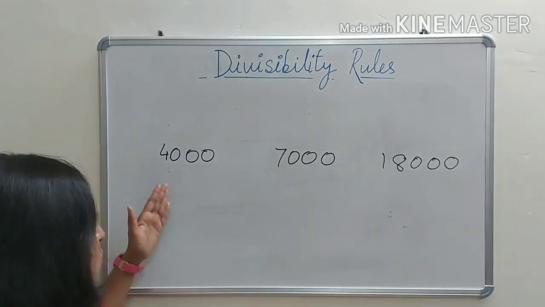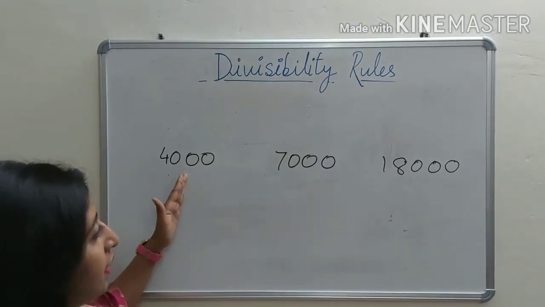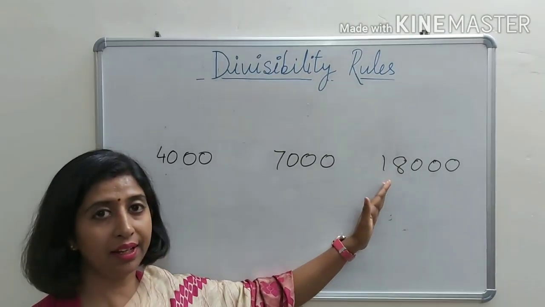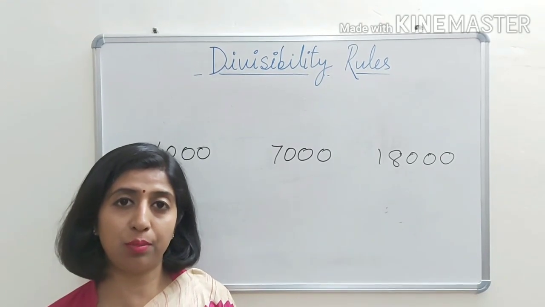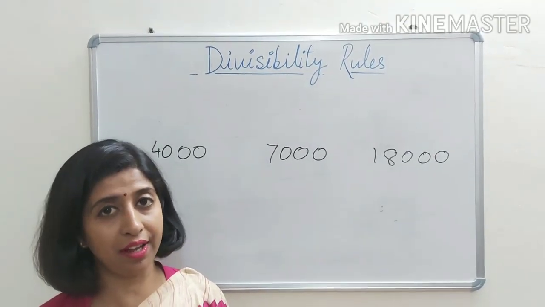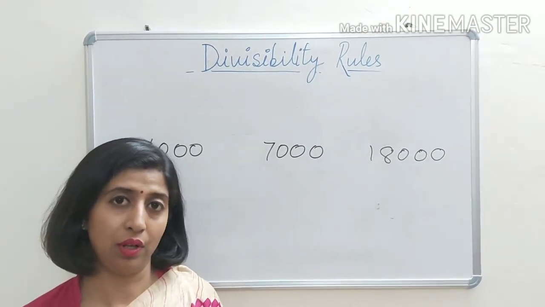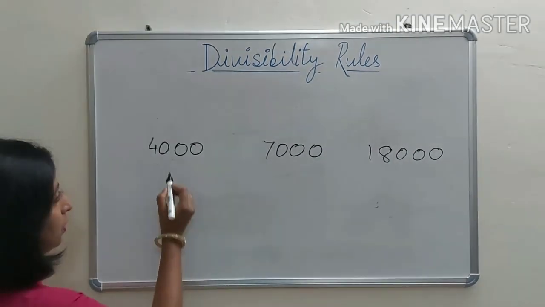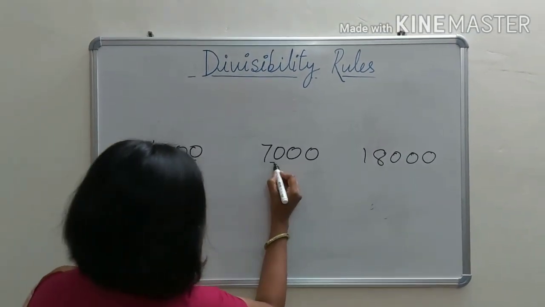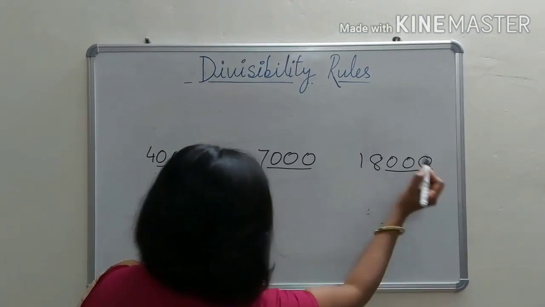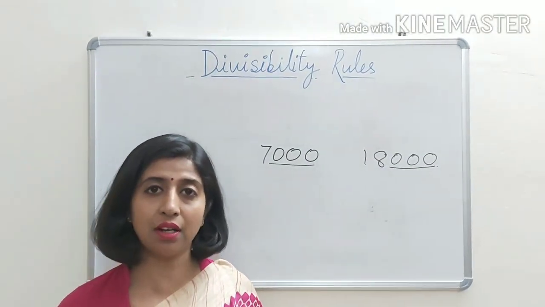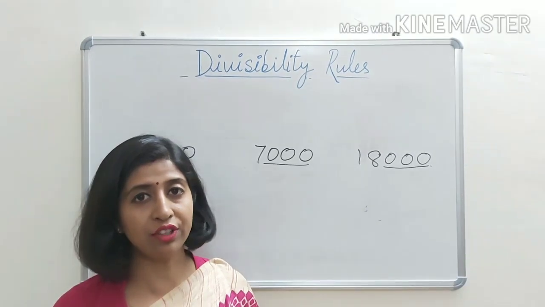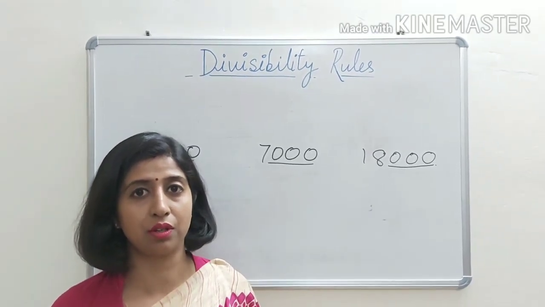I have written some numbers on the board: 4,000, 7,000 and 18,000. Now, if we have to check the divisibility of these numbers by 8, what do we have to do? We have to see the last 3 digits of these numbers. Oh, what to do now? All the digits are 0. How can we check the divisibility of these numbers?